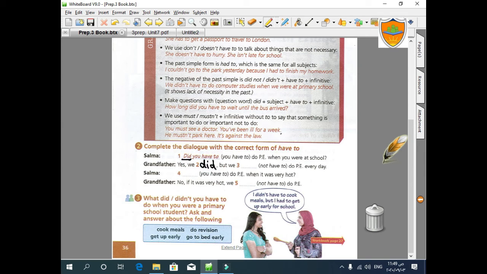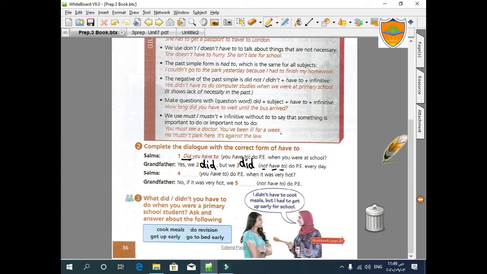But we didn't have to do PE every day. The question is in the past, so the answer is in the past. We want to use not here. Did not have to.